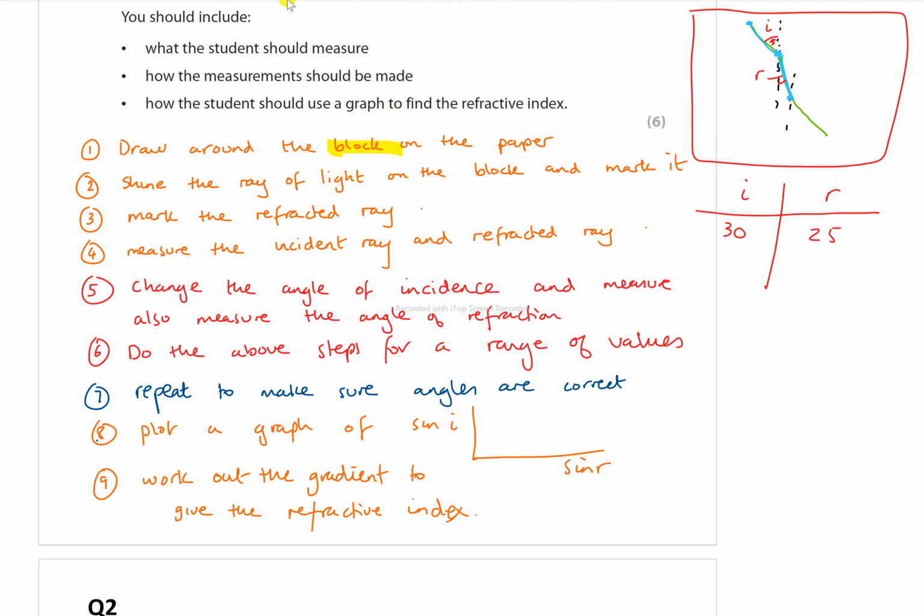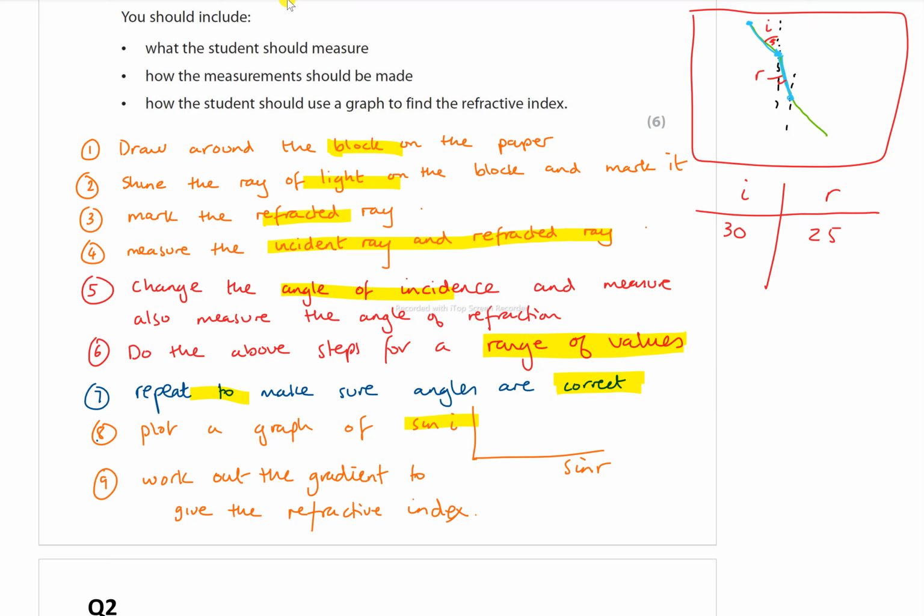Draw around the block, shine a ray of light on the block, mark it, mark the refracted ray, remove the block and measure the incident and refracted ray angle. Change the angle of incidence, do the same again, repeat for a range of values. So what happens is you'll get a range of values that we can draw a line through, and from that you repeat it, remove any anomalies, and you can average out for the same angle.